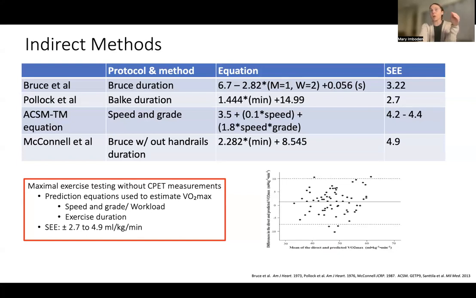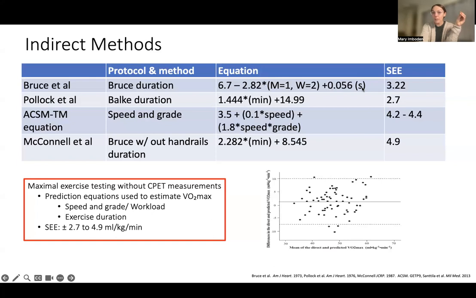The protocol specifically is 3 minutes at stage 1, which is 1.7 miles per hour, 10% grade, 3 minutes at stage 2, 2.5 miles per hour at 12% grade, 3 minutes at stage 3, 3.4 miles per hour at 14% grade, and so on, right? Because if you alter that at all, like you only do 2 minutes at stage 1, now this duration you can't use. So the validation is following the protocol exactly, putting the time into this equation in seconds.